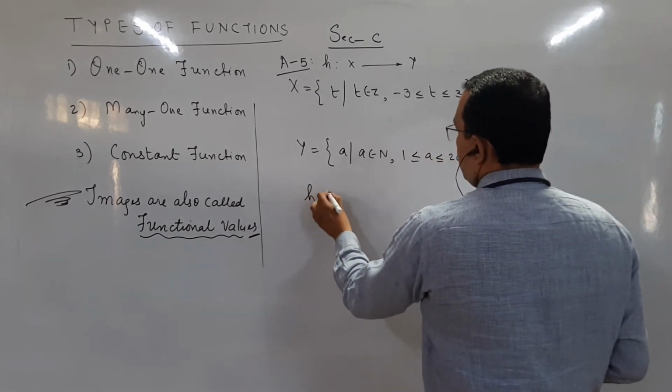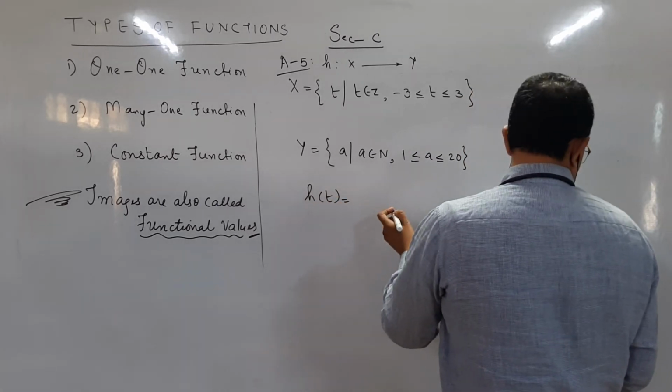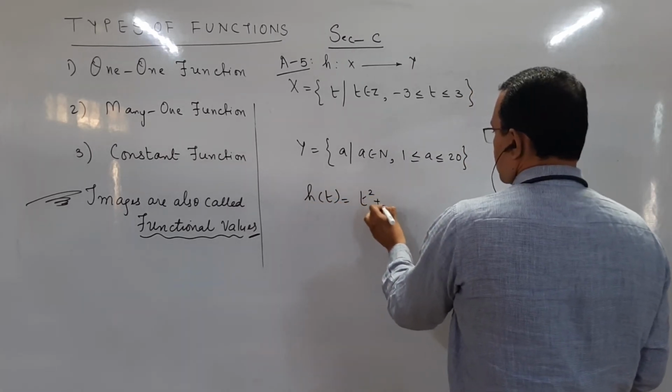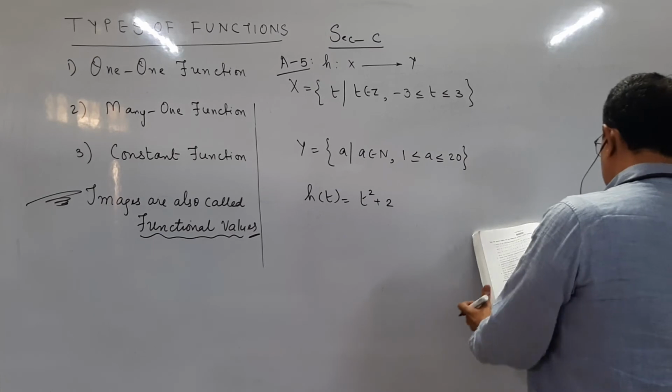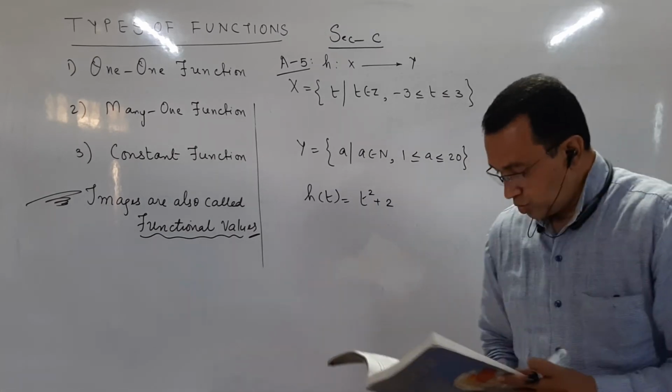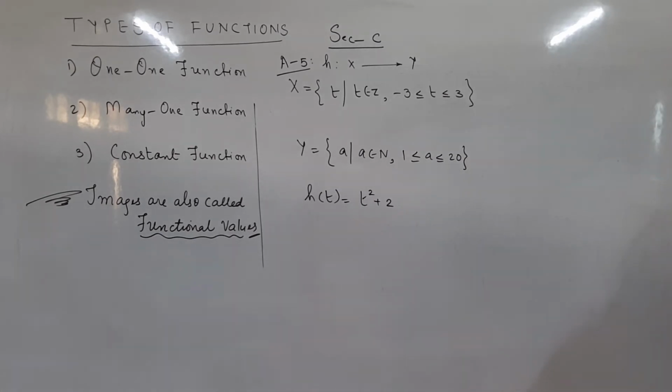Okay, and the functional rule is h of t is equal to t square plus 2. Again, we are to decide, students, what is the type of function.